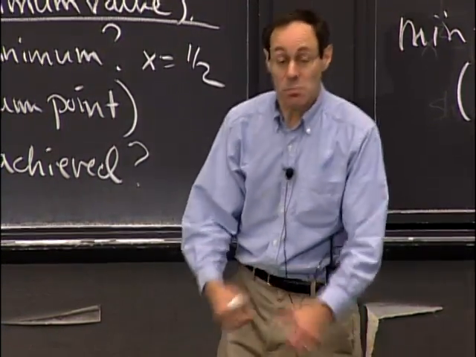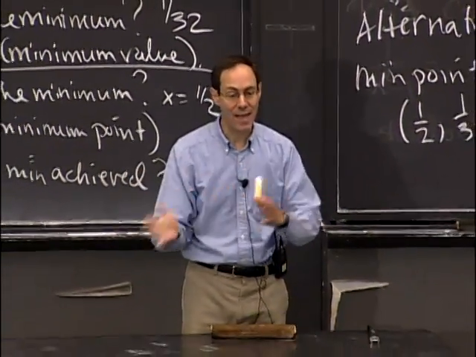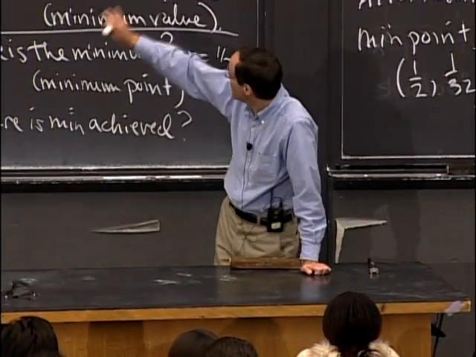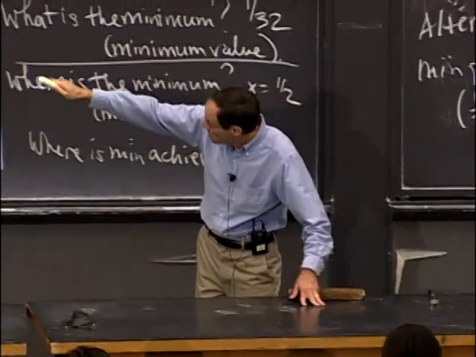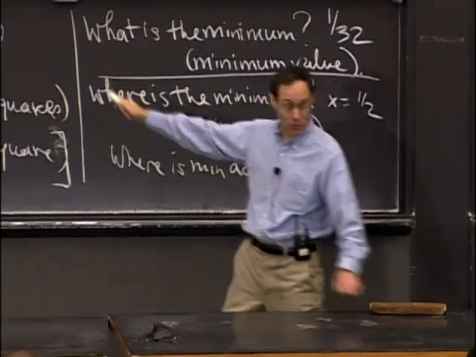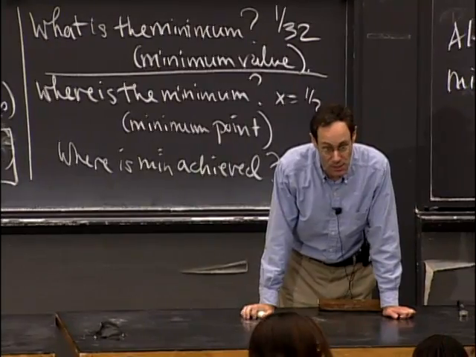And actually, it's much more to your advantage to figure out both the maximum and the minimum whenever you answer such a question. Because otherwise, you won't understand the behavior of the function very well. So we started out with one question. We answered two questions. We answered the question of what the largest and the smallest value was.